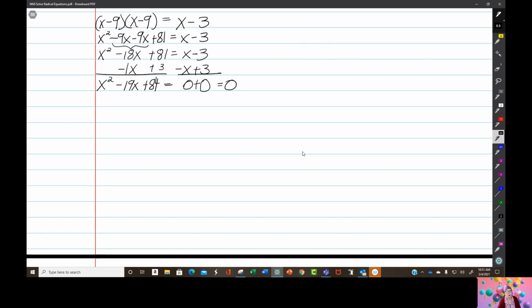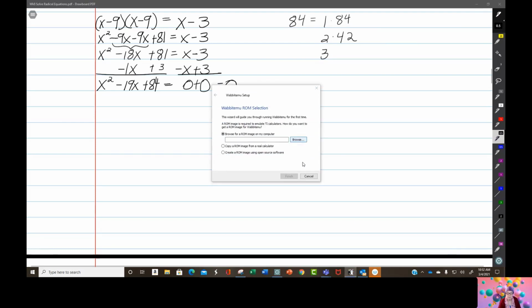Now, 84 could be easier. At least 2 goes into it. Or we could just give up and use the calculator.